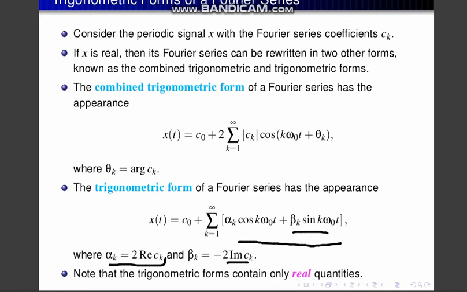As we know, sinusoidals are represented as the imaginary part and cosinusoidals as the real part. So the trigonometric form contains only real quantities. Here you cannot see any j, so it will always carry real quantities.